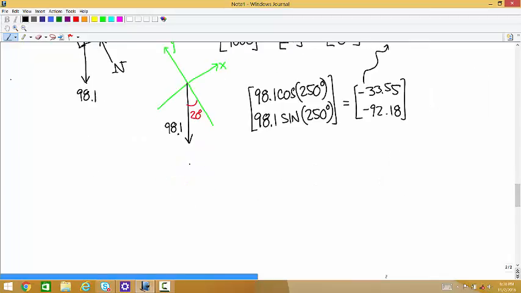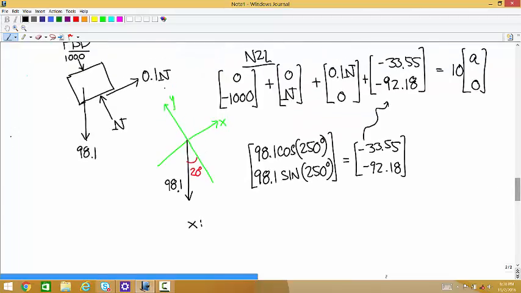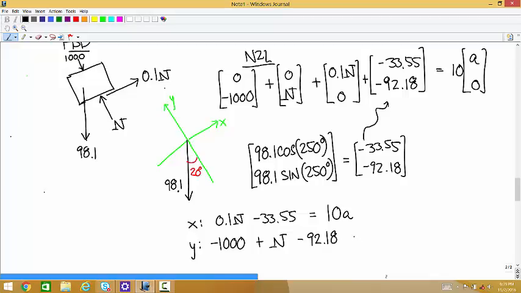Okay, so the x equation says 0.1N minus 33.55 is equal to 10a. And the y equation says negative 1,000 plus N minus 92.18 is equal to 0.